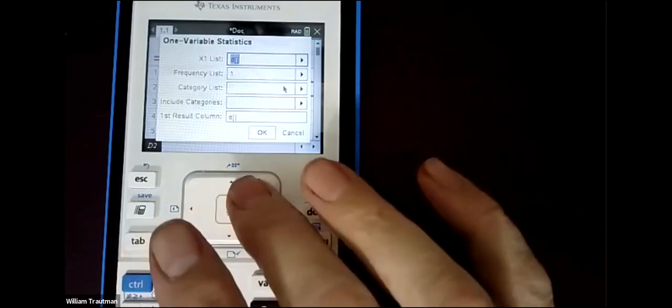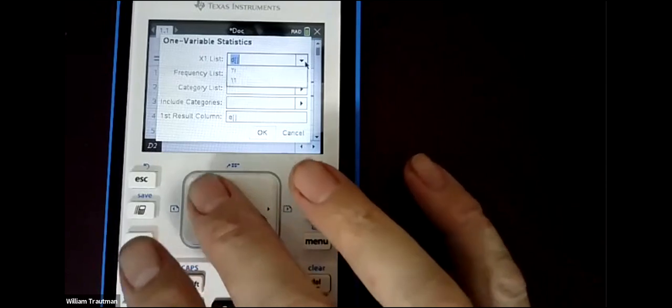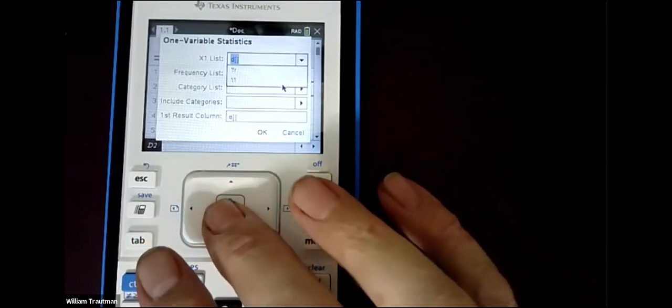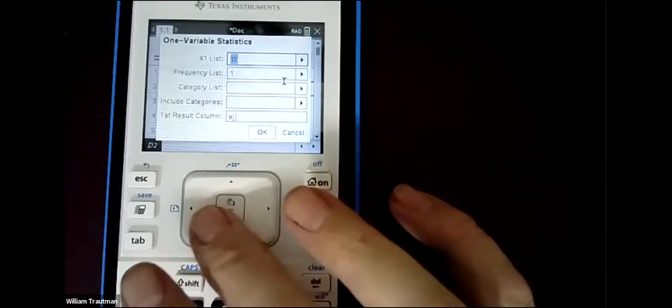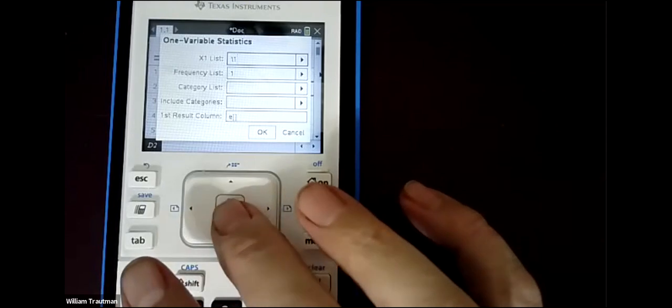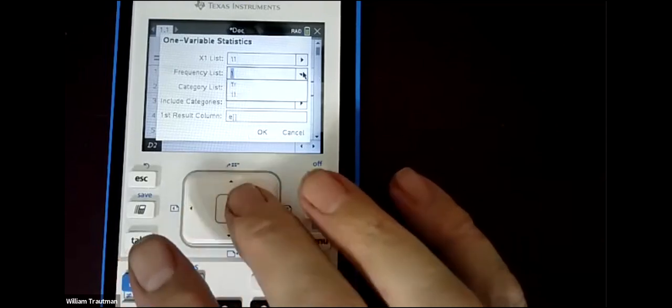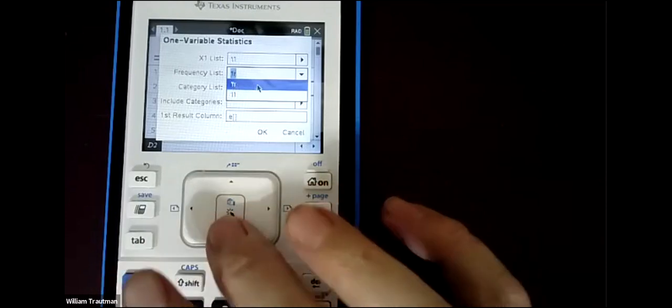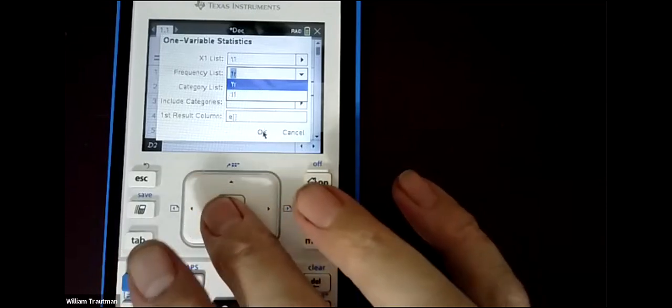In the top, we're going to put L1. That's list 1. And in frequency list, I labeled it frequency, so it should have FR right there. That's my FR. Hit OK, or just hit enter.